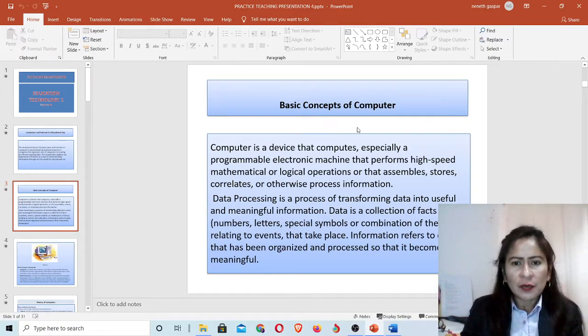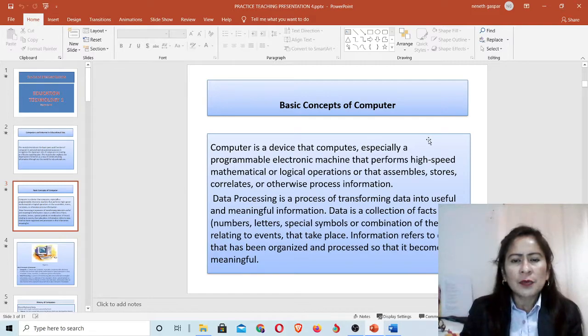So, the basic concept of computer. What is the basic concept of computer? A computer is a device, especially a programmable electronic machine, that performs high-speed mathematical or logical operations, or assembles, stores, correlates, or otherwise processes information.